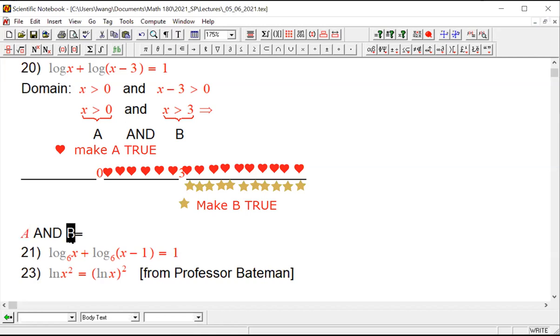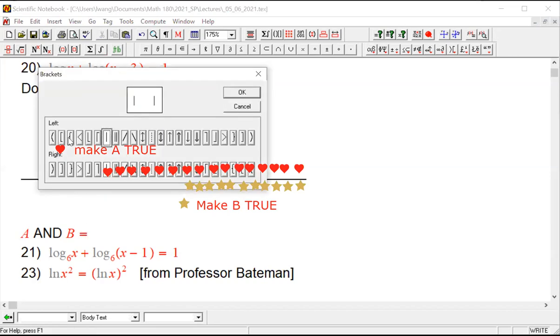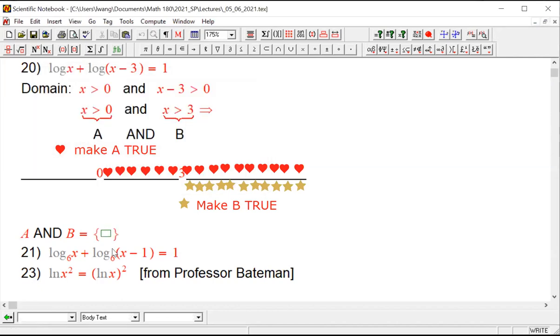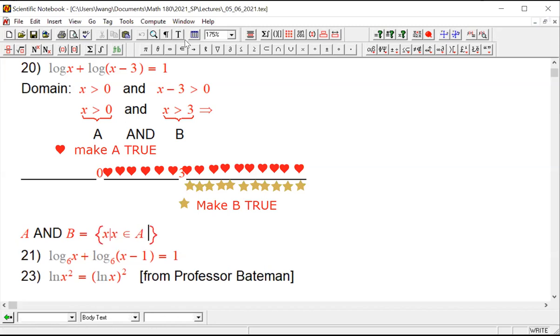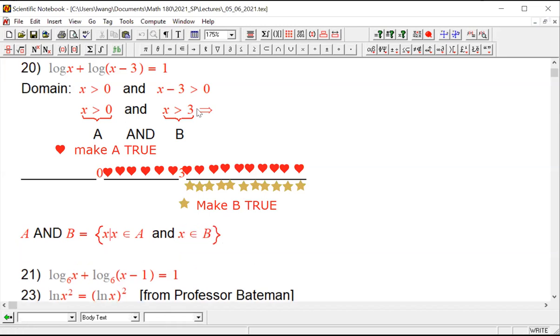A and B is composed of entities such that X is in A, that entity is in A, and X is in B. Okay, so I want you to reflect on the truth table.